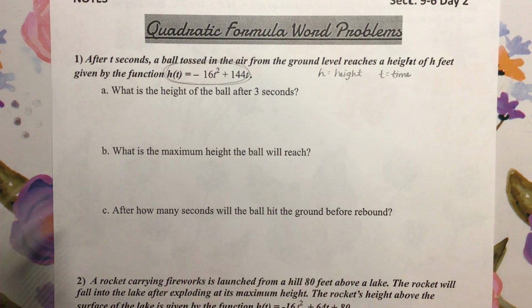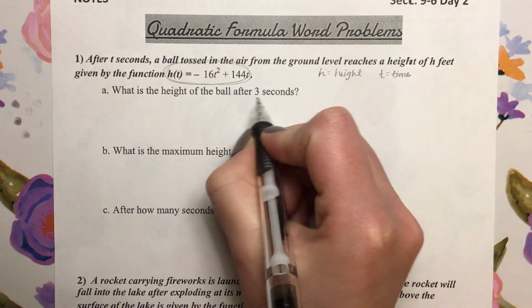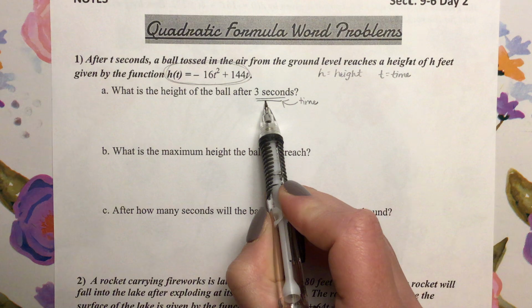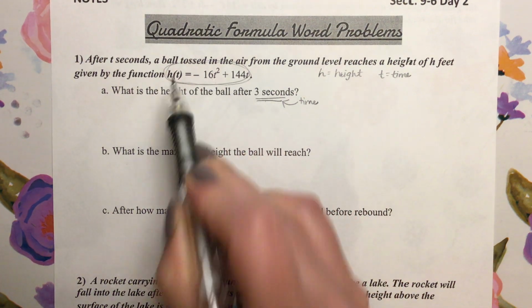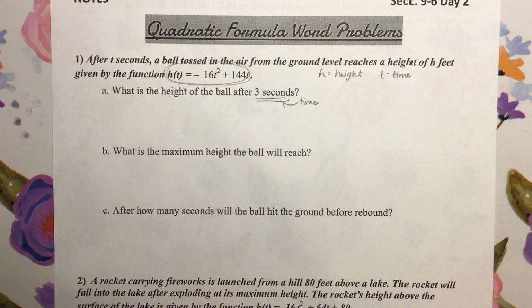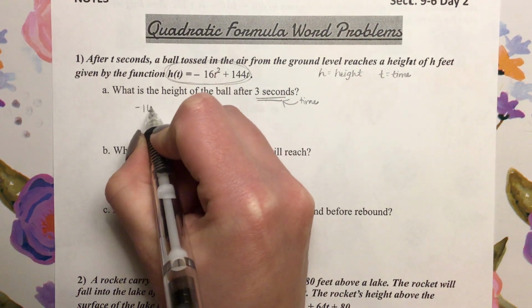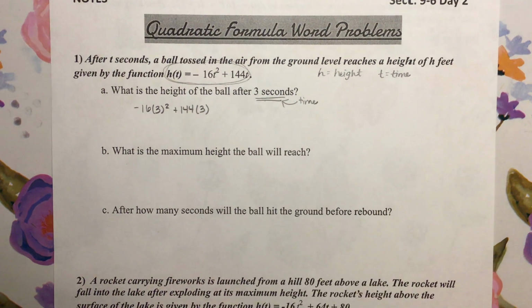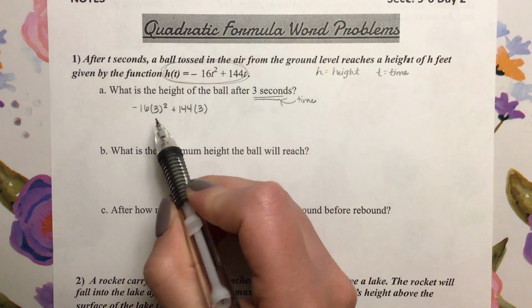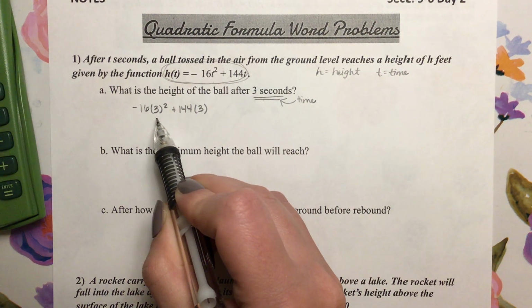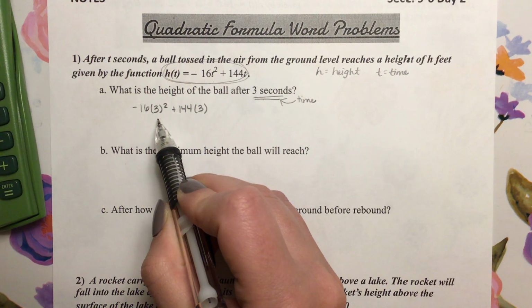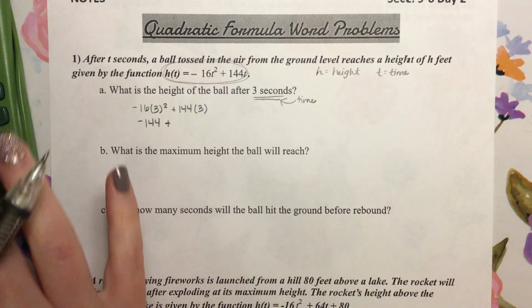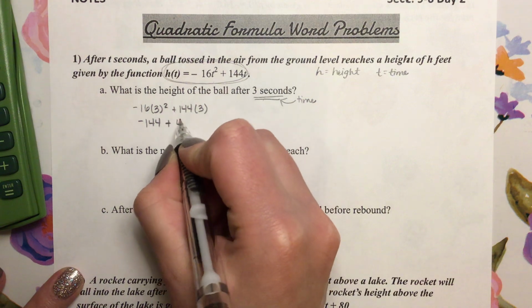So it says, what is the height of the ball after 3 seconds? Well, 3 seconds is a time. That's a time value. So I'm literally going to take this 3 and substitute it in for the time to figure out what the height will be. So let's do that. I'm going to take negative 16 times 3 squared plus 144 times 3. So now I'm using my calculator to get this. This is 3 squared, which is 9, times negative 16, which is negative 144, plus 144 times 3 is 432.